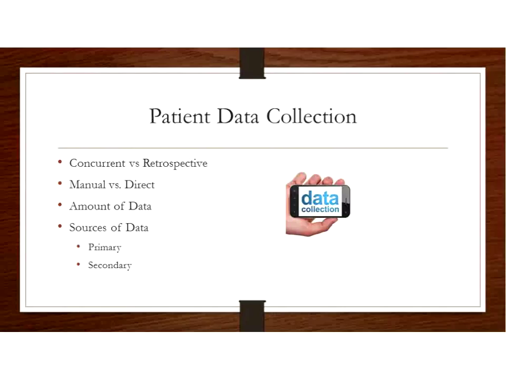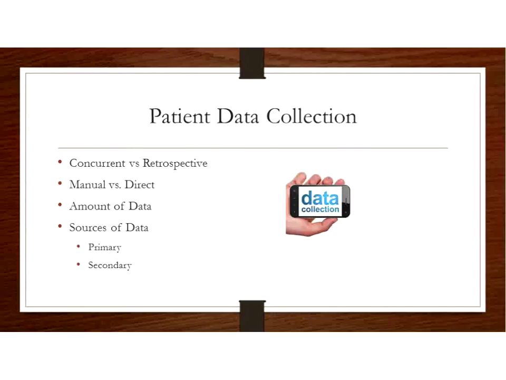Now, we talked about patient data collection in the previous chapter, but we have a little more. We're going to expand on that idea in this chapter on data collection. It talks about different ways that we can collect that information and different sources. Now, information can be collected concurrently or retrospectively.